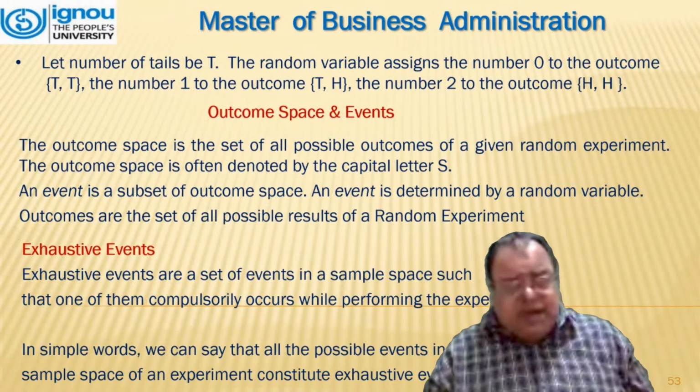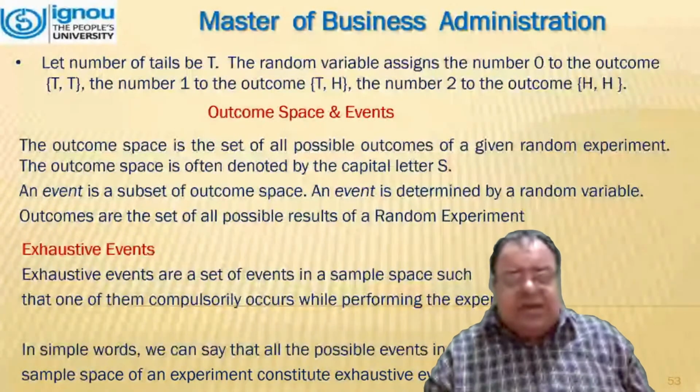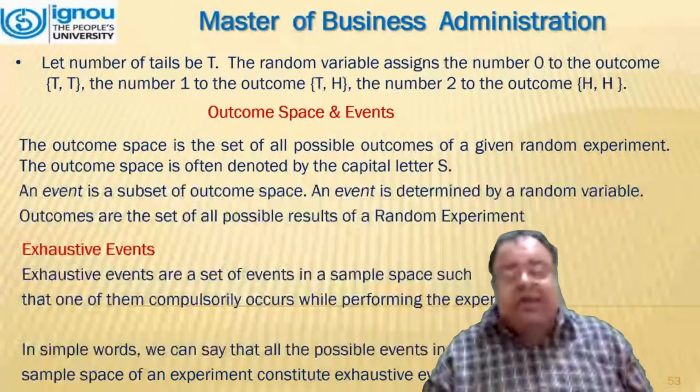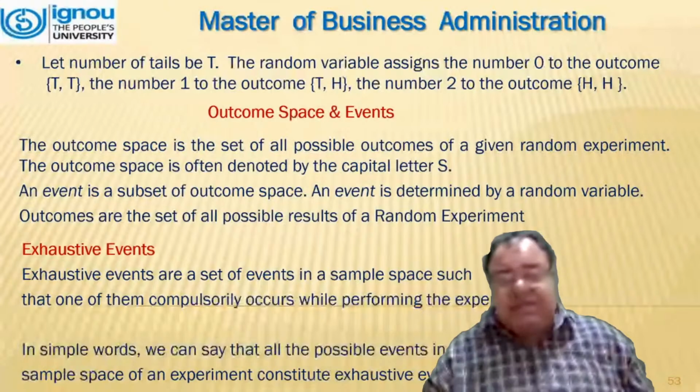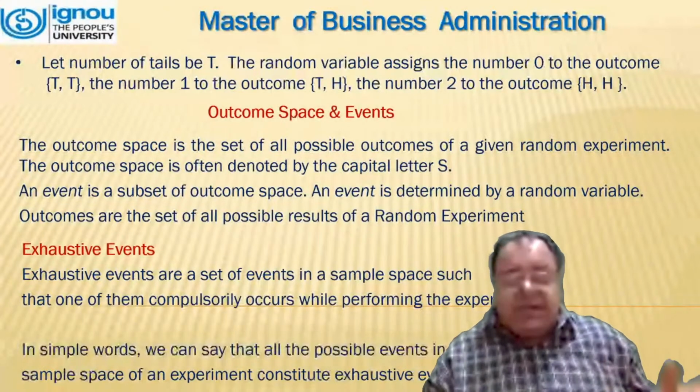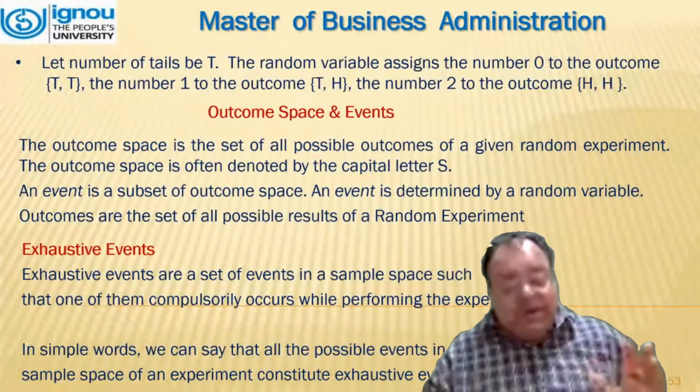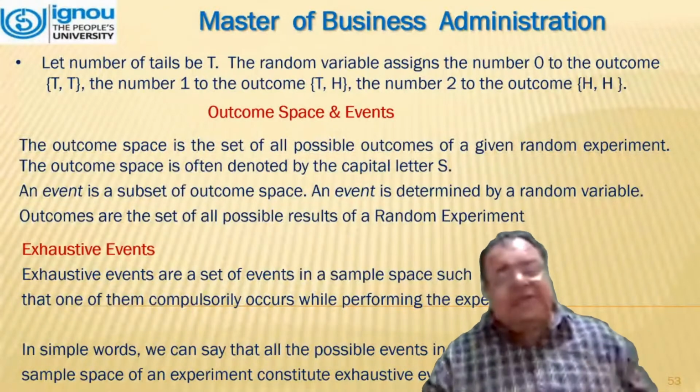Exhaustive events are a set of events in a sample space such that one of them compulsorily occurs while performing the experiment. In simple words, we can say that all the possible events in a sample space of an experiment constitute exhaustive events.